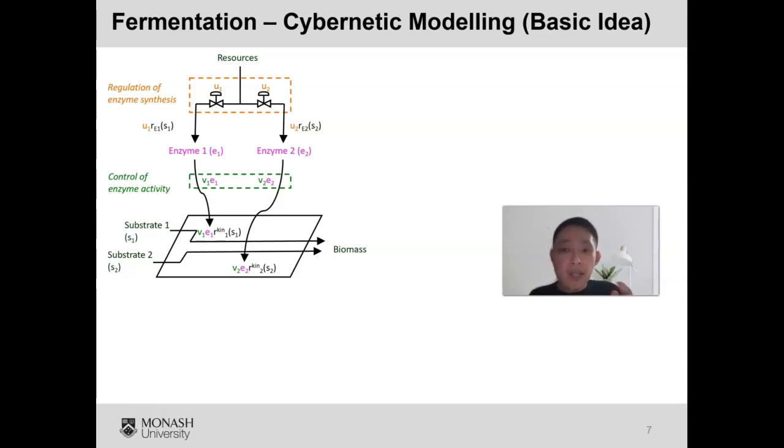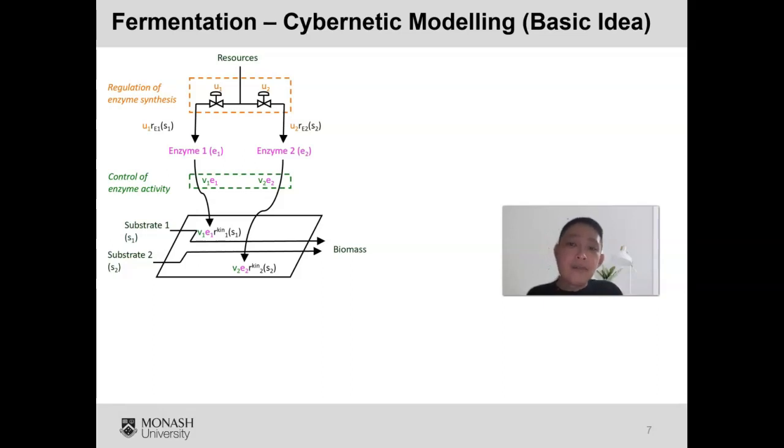And all this is done by fulfilling a certain objective. Let's say, for example, in order to optimize the growth of the microbe, or in order to optimize its survival, the microbe needs to be able to cleverly manipulate its own metabolism in response to environmental diversity. So that's the basic postulate of the cybernetic modeling approach.